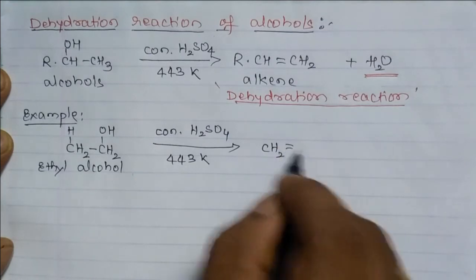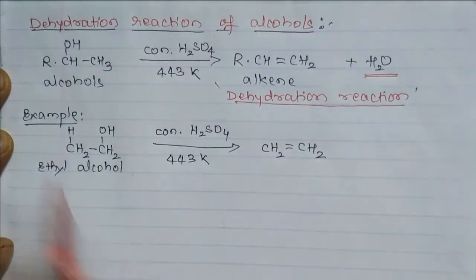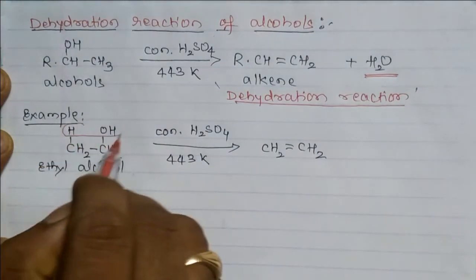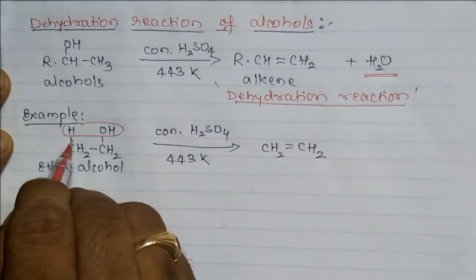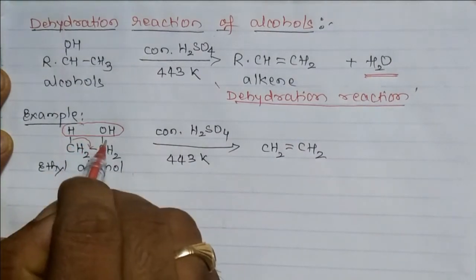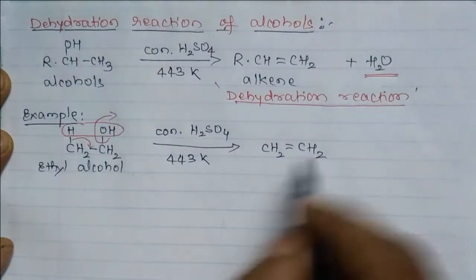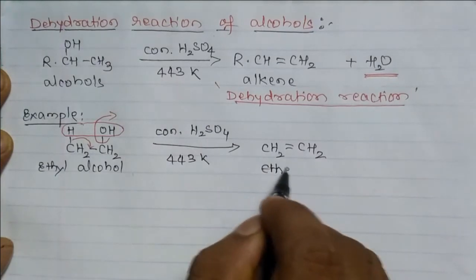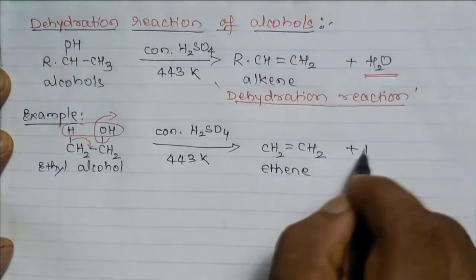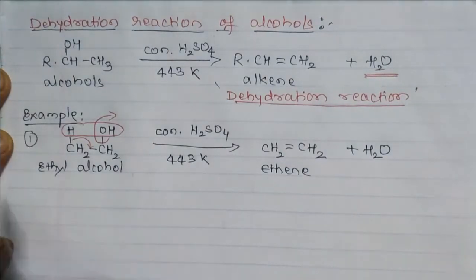A molecule of water is lost. You can eliminate a molecule of water here, or we can show it like this, and this bonded pair of electrons moves like this. This is ethene plus a molecule of water. This is the example of dehydration reaction.